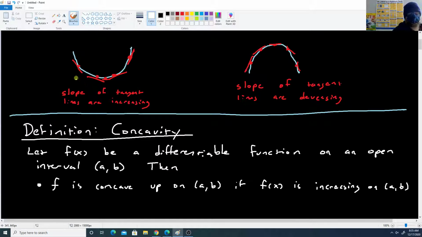If you remember, the first derivative is the slope of the tangent lines. Whoops, should say f prime of x is increasing. So this right here, the slope of the tangent lines, that is f prime. The slope of tangent lines is f prime. So basically, we say if f prime is increasing, we're concave up. If f prime is decreasing on part of an interval, we're going to be concave down. So we'll say f is concave down.